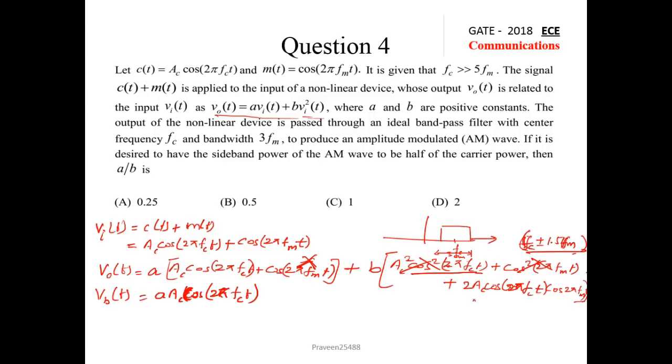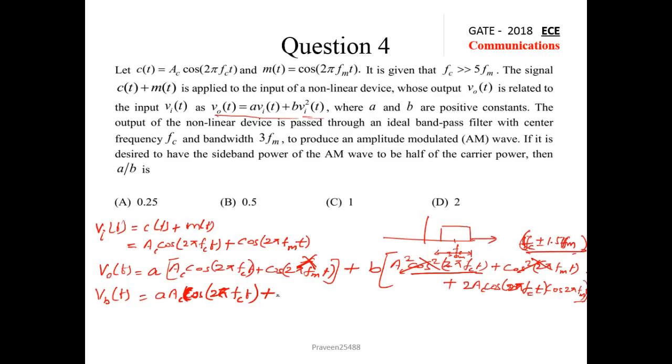Here this term 2 AC cos 2 pi Fct into cos 2 pi Fm of t. If we apply the simple trigonometric property, cos A into cos B will be 1 by 2 cos A plus B plus cos A minus B. So Fc plus Fm will pass through this, and Fc minus Fm will also pass through this.